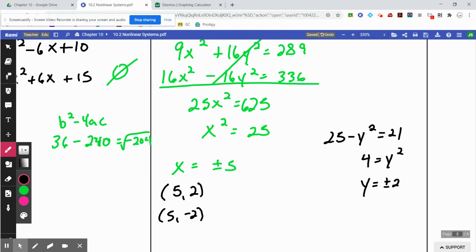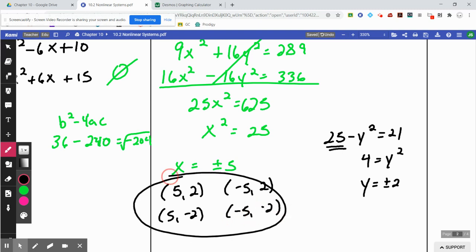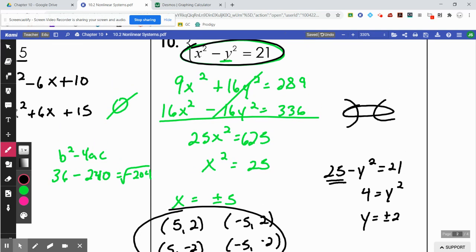Now our second solution, what about when x is negative 5? When you go to plug it in, guess what? Everything works out to be identical. You still have 25 minus y squared is 21. So when x is negative 5, y is 2, or y could also be negative 2. And again, the reason it ended up like this was you did have a hyperbola and an ellipse, so that's the reason it is going to cross at 4 different places.